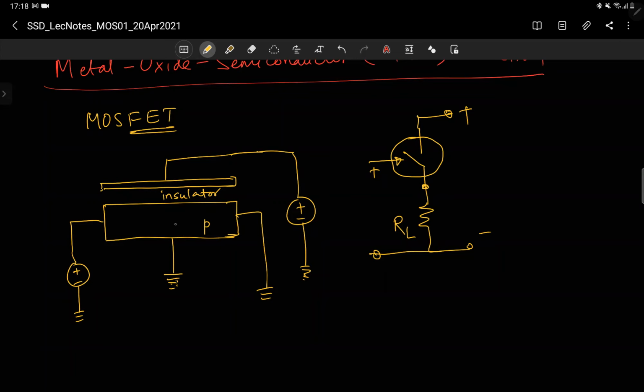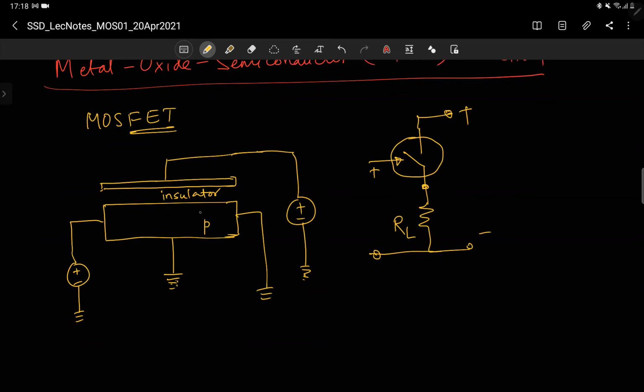It is as if these holes travel and go to the top plate, giving rise to positive charge on top and negative acceptor charge in the p-type region. So there are no movable carriers in the region anymore. All that is there is ionized impurities, but there are no mobile carriers.